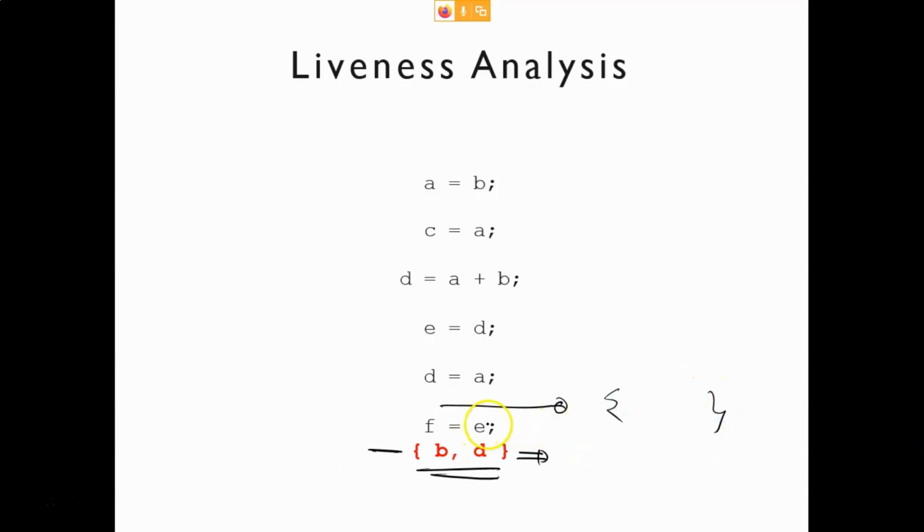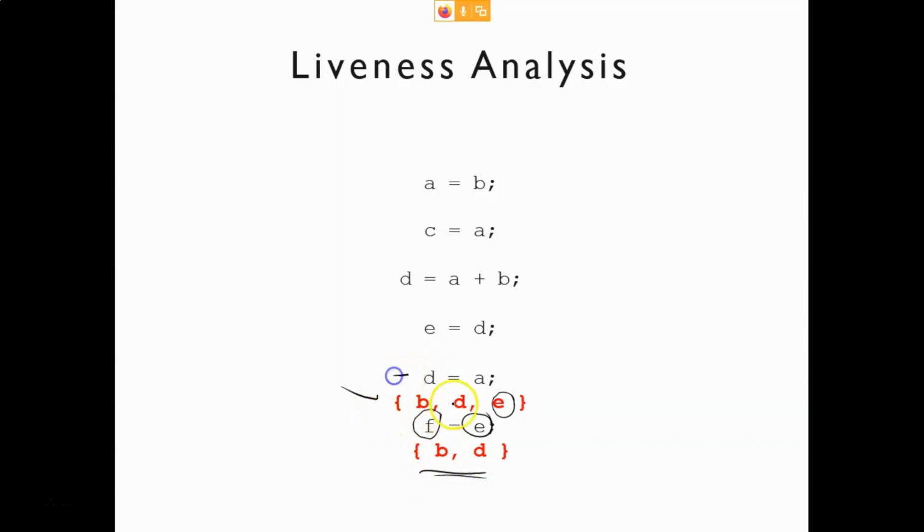If you are using E, you will definitely include E, and you will remove f. But actually there is no f, so there is no need to remove it. So this is your set of live variables.